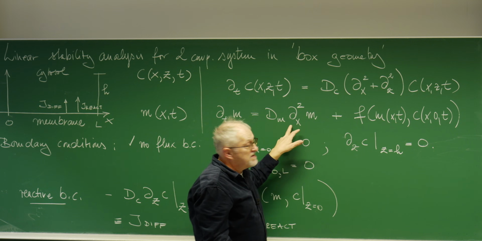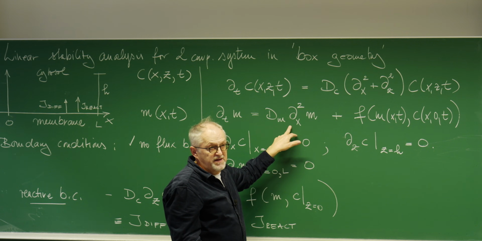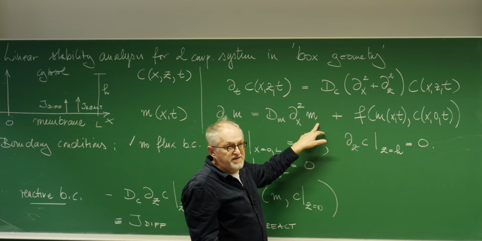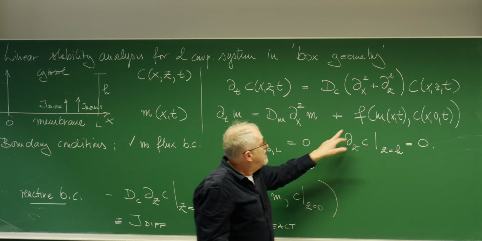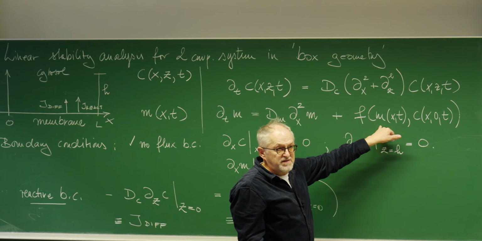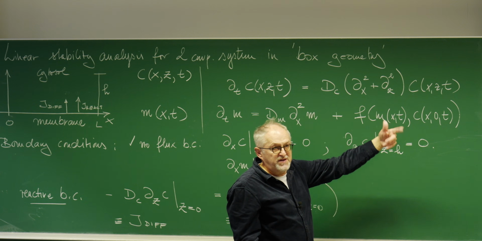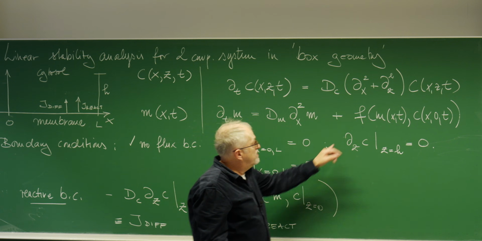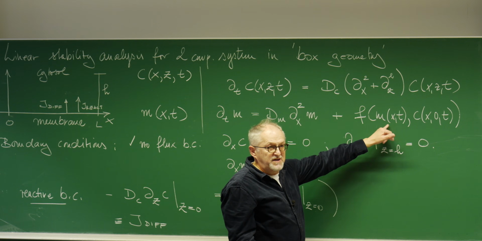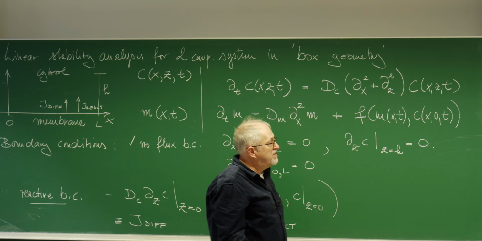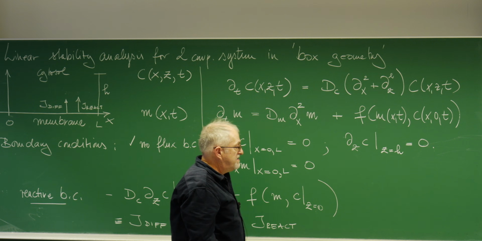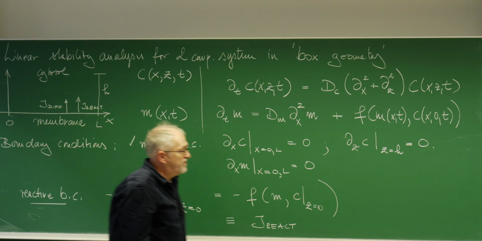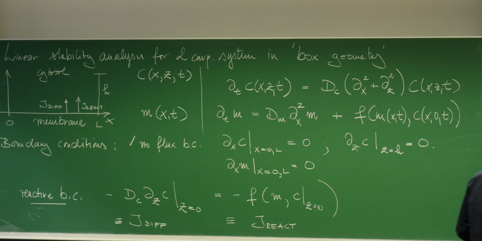Here on the right-hand side, because my base state is spatially uniform, also m star and c star are not there. You have just delta m. And here I need to expand the reaction term in powers of the deviations of delta m and delta c, noting that f at 0 is 0 because I'm expanding around the steady state, okay, where I had this to be 0. And the same I need to do for the boundary conditions.